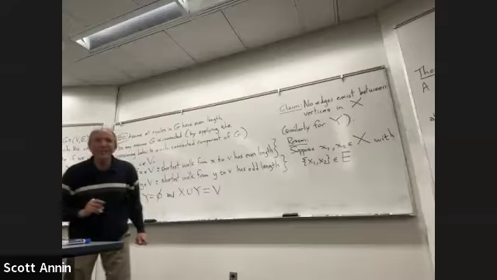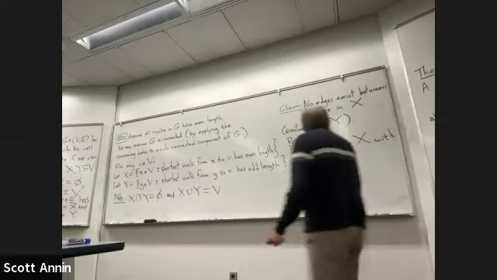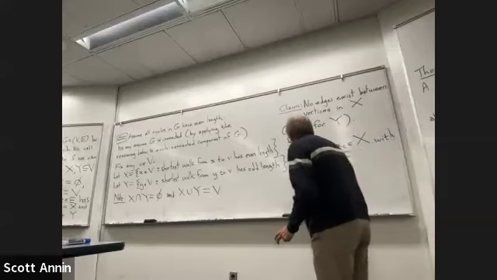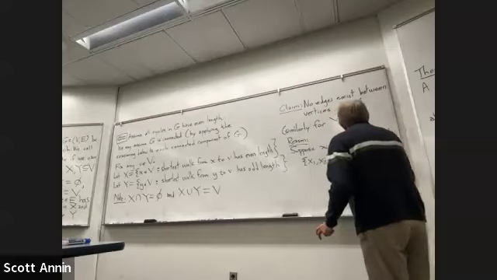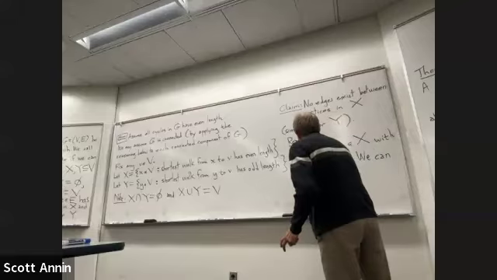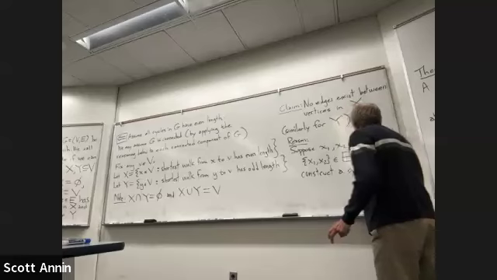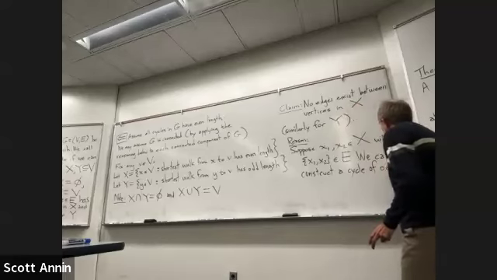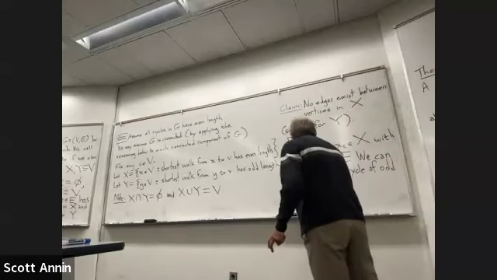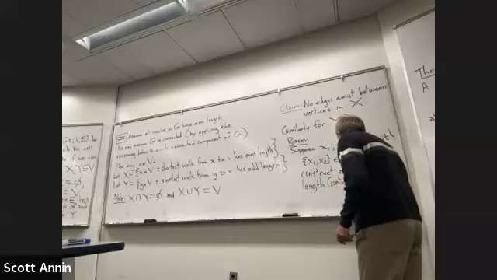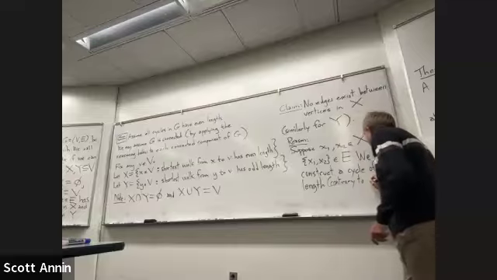Do you see how I can do it? So x1 and x2 have this edge here. Let's just do it. We can construct a cycle of odd length, excuse me, contrary to assumption.